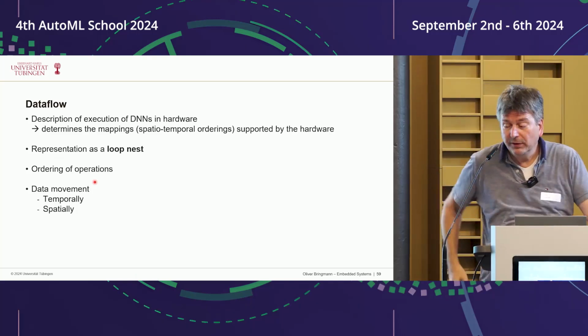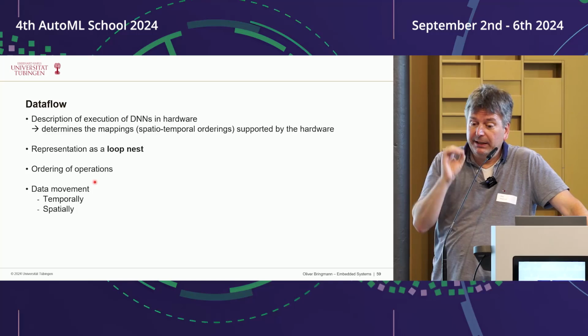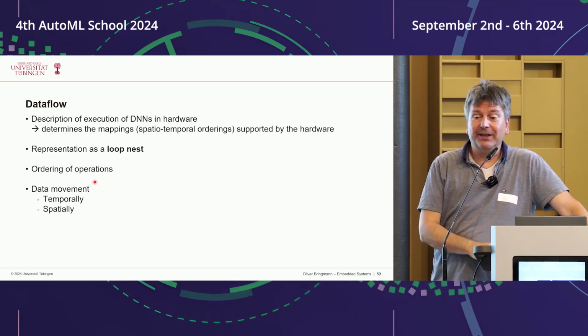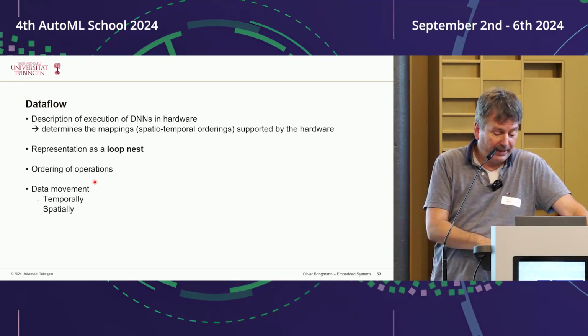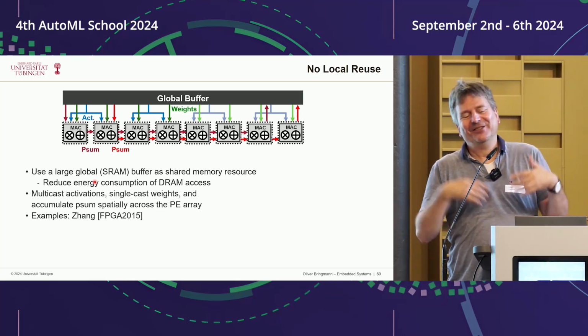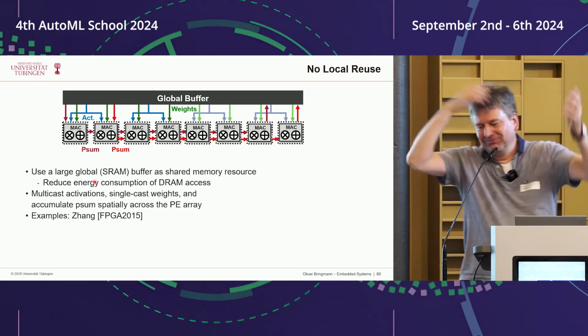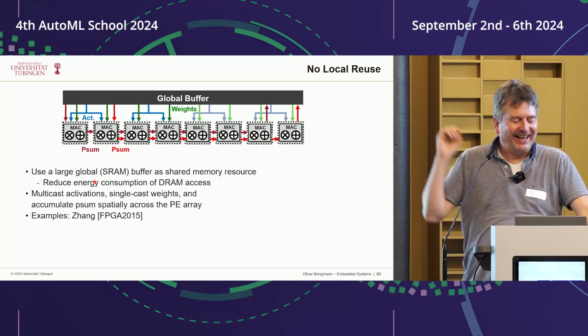To discuss the data flow in a machine, there exist well-defined terms to orchestrate the data flows, and a lot of architectures are following that idea. One idea is do nothing: no local reuse, and all data will be accessed all the time directly.